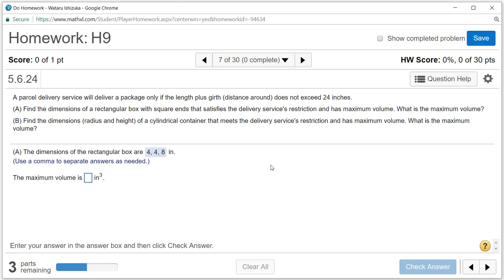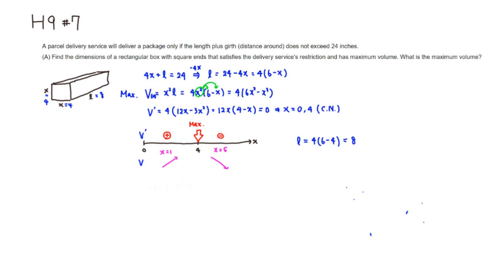Then we have to find the maximum volume. So the maximum volume would be V of 4, not 5. So this is going to be 4 times 4 squared, and then you have a 6 minus 4.